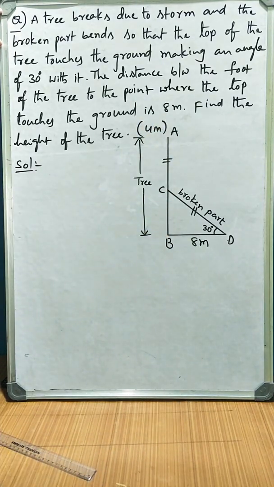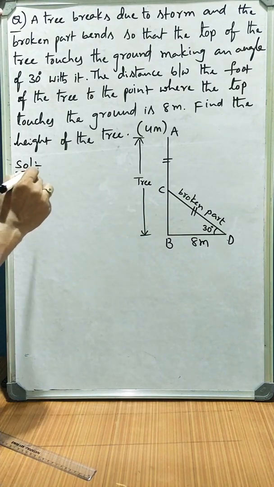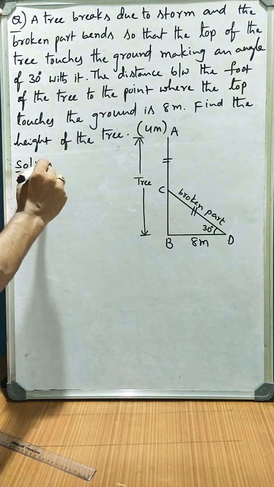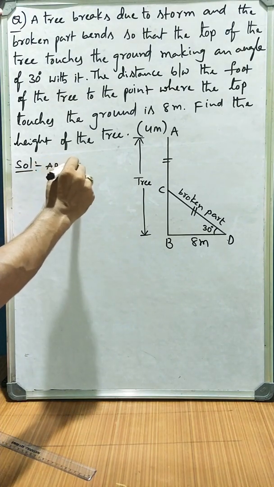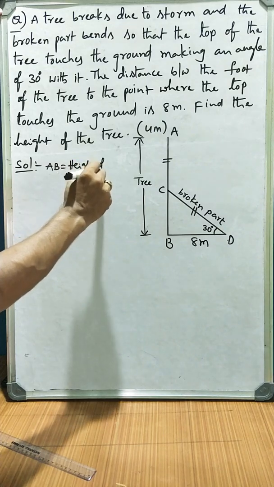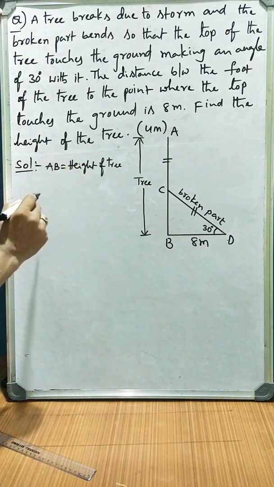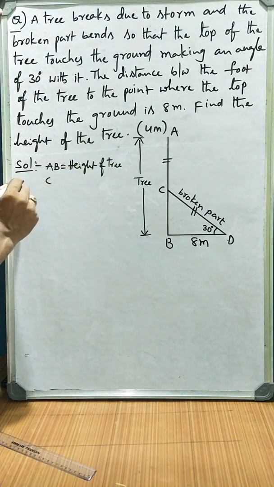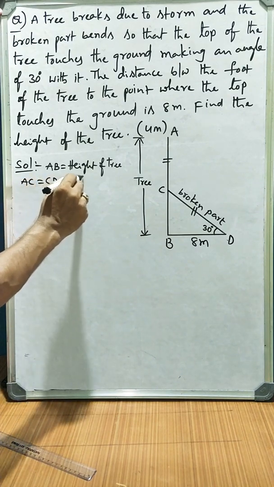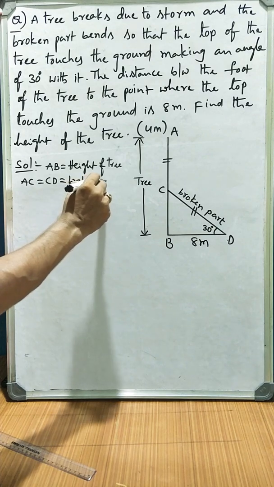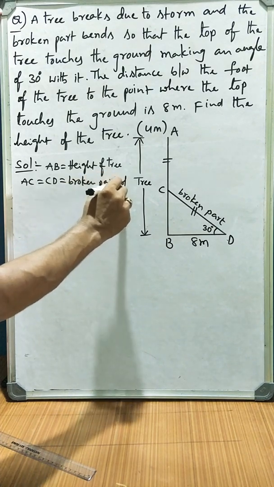So what are given? Already in the figure we have mentioned enough. Let us write once again. AB is equal to height of the tree. AC is equal to CD is equal to broken part of tree.